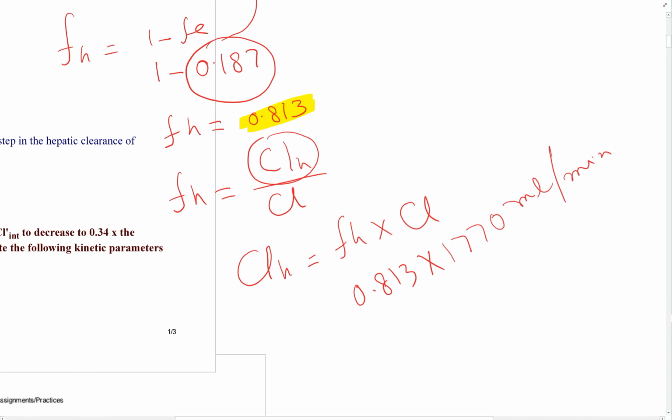So this would give you CLH is 1439.01 milliliter per minute. So these are the steps to calculate hepatic clearance.